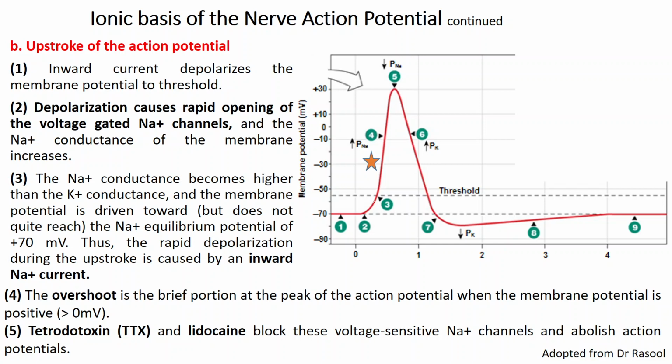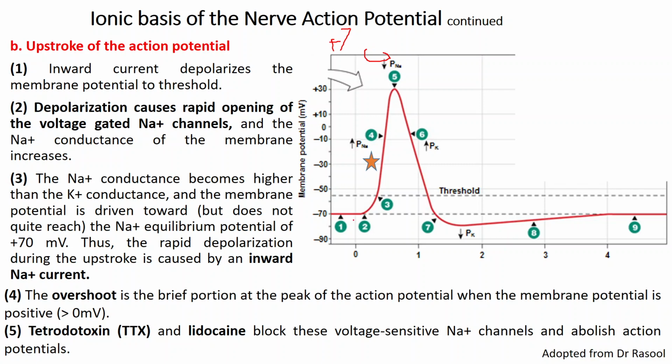Because there is a huge ionic driving force for sodium to move from outside to the inside, in order to take the membrane towards its equilibrium potential, which is around positive 70 millivolts, isn't it? You guys are with me? Yeah, so sodium will move to the inside because there is a huge ionic driving force, and it is in its interest to take the membrane towards its equilibrium potential.